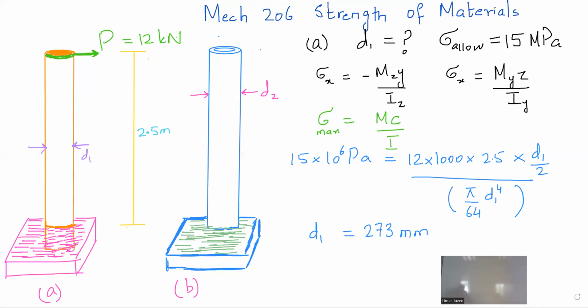When you have a rectangular section, the area moment of inertia is BH cube by 12. If I bend it like this, this will be B, this will be H, you know the trick.